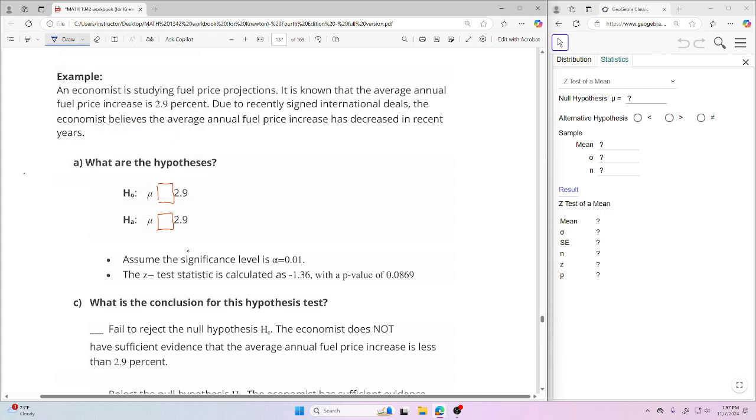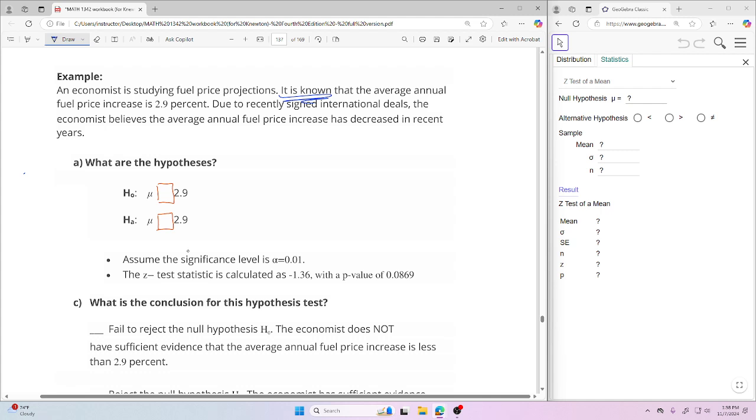So we're gonna be extra sure about our verbiage, right? An economist is studying fuel prices. It is known that the average is 2.9. So they put the 2.9 already for us. Very nice.